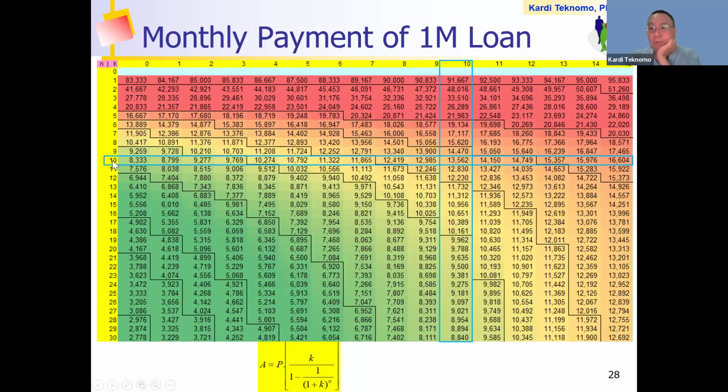So the one in blue that I put here represents, for example, if I use 10 years, the amount of money that I need to pay monthly, every month. Say for example, if I have 10% interest for 10 years, that means I need to pay 13,000 per month, right?